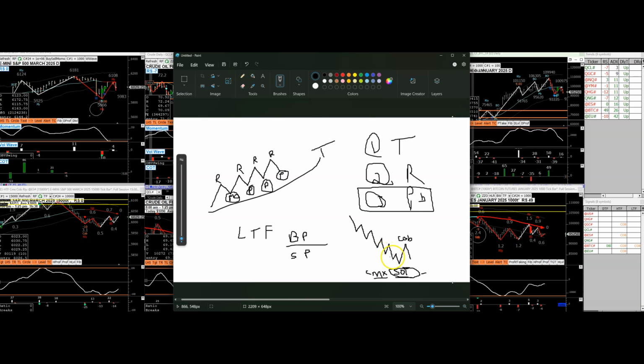That trend, as it pulls back, will have shortening of the thrust, meaning the lack of progress from low to low to low, or a momentum divergence, because they're so correlated. When you have one, you have the other. And then after that buyers step in with buying pressure. This is your buying pressure, which means someone is buying the pullback. And then we decide whether we want to get in.